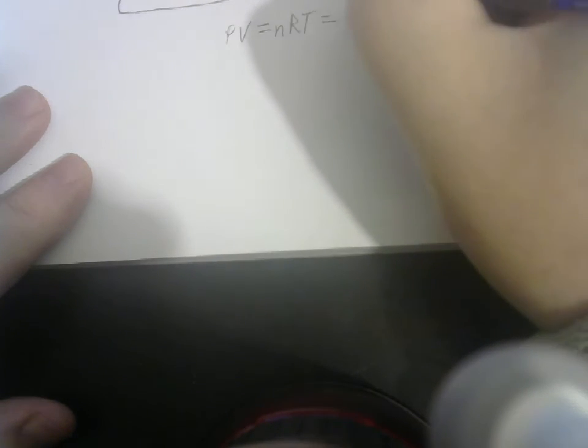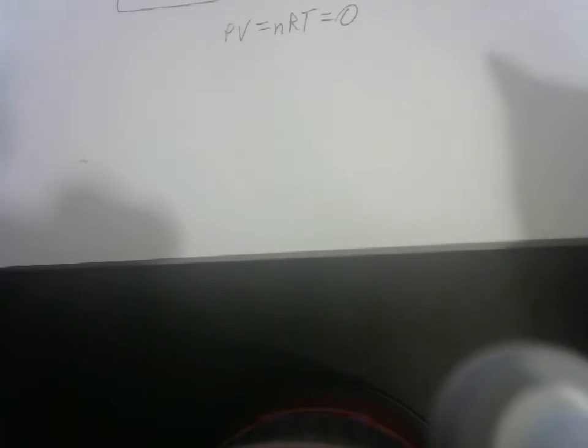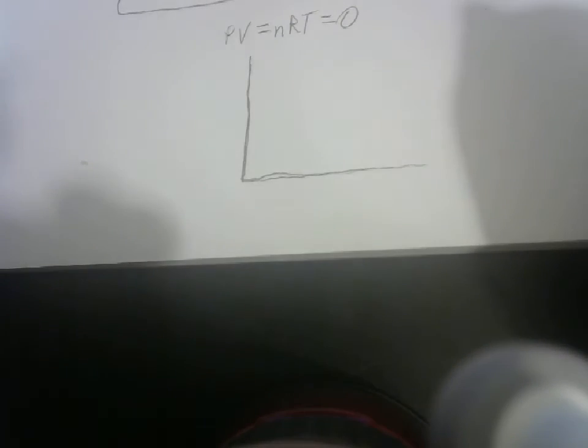So what does this look like? PV equals nRT equals 0. What does the PV curve for temperature equals 0 mean? What does it look like? It looks like this. It is a straight line coming down, and it is a straight line going this way.